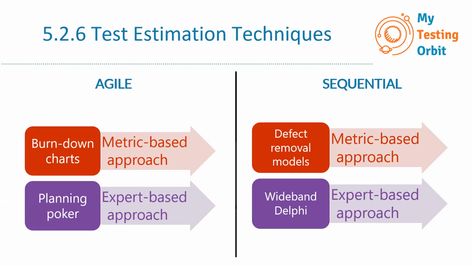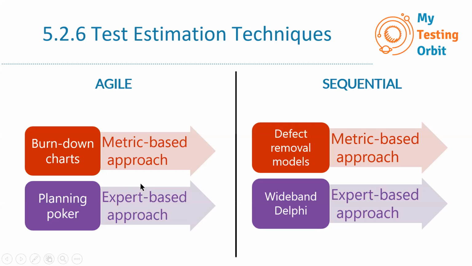So over here we can see that there are two different SDLC models, and we are trying to show how the test estimation techniques might be a little bit different for both of them. So the first one is Agile, and in Agile we have burn down charts, which is an example of metric-based approach.